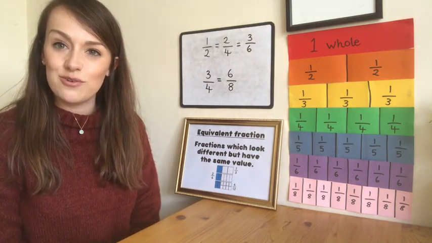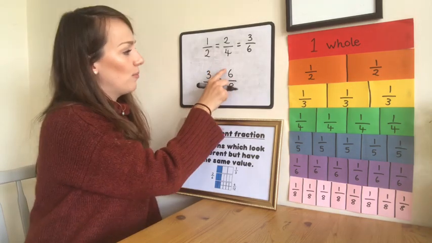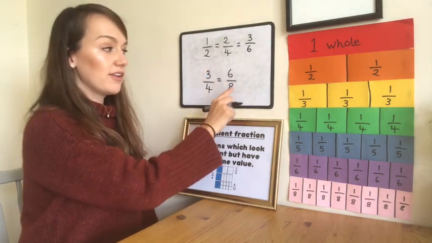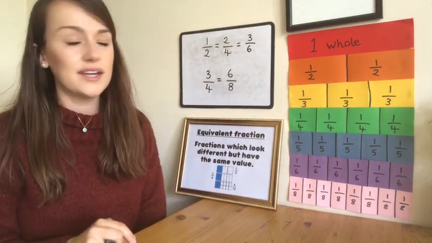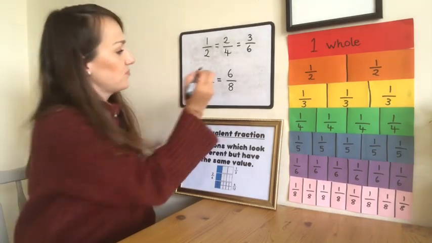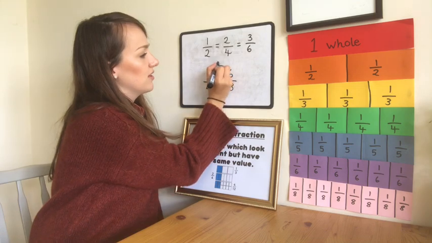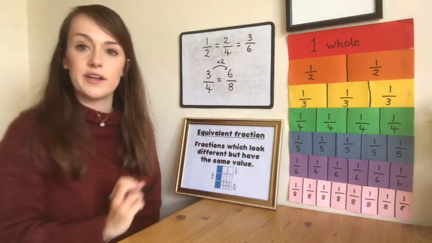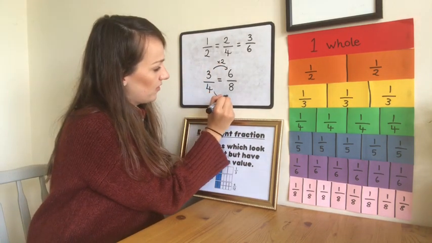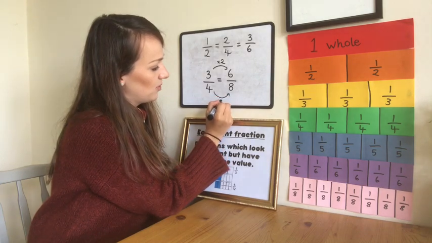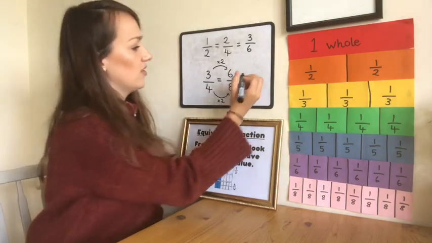And another way you can find equivalent fractions is by multiplying the numerator and the denominator, or dividing by the same number. Okay, so for example, here we've multiplied our numerator by 2, so we've done the same with our denominator. Okay, and we could do this again.